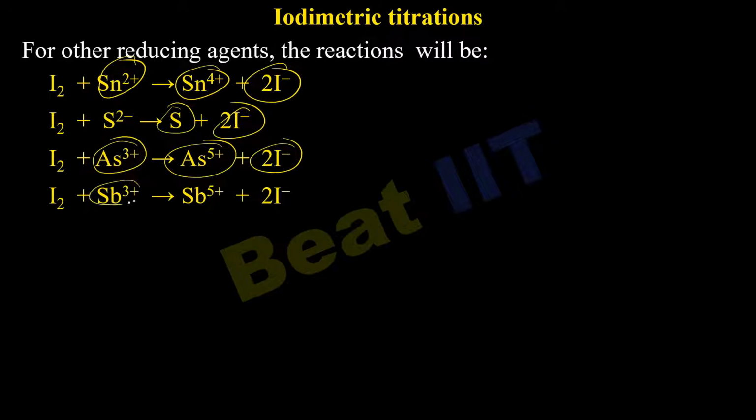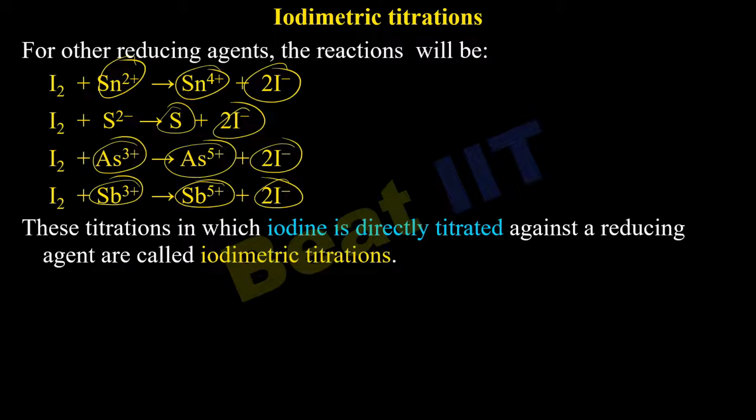With Sb3+ ion we will get Sb5+ ion and iodide ion. These titrations in which iodine is directly titrated against a reducing agent are called iodimetric titration. And this keyword is important, that in iodimetric titrations iodine is directly titrated with the reducing agent.